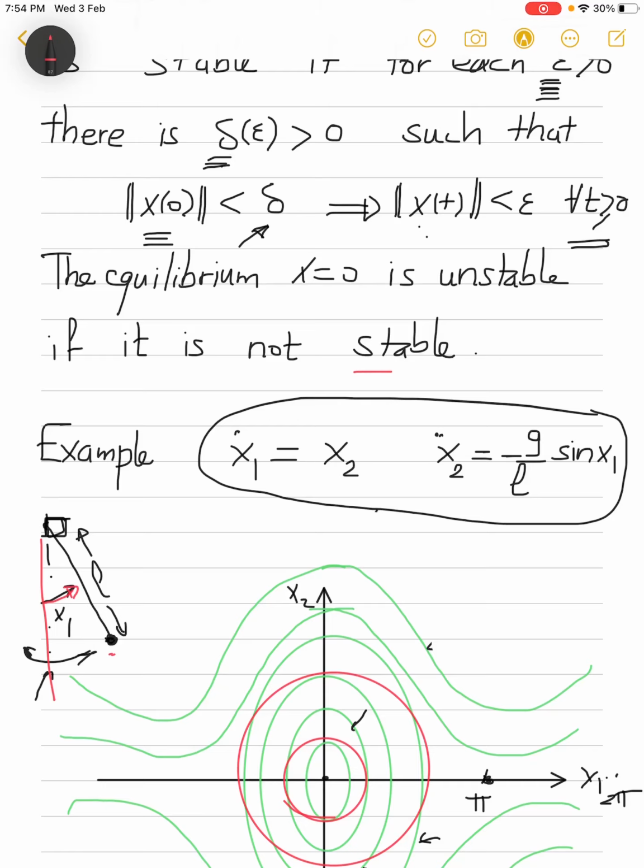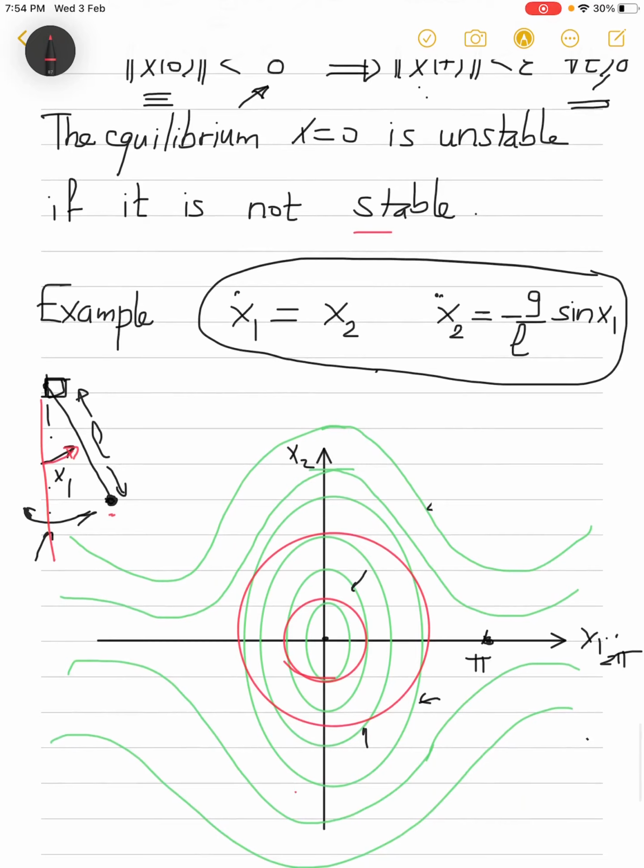That will result in a continuum of closed orbits like we have shown here. These closed orbits in green represent the oscillation around the 0 position. However, if the initial condition gets a little bit big, then the solution could move from one equilibrium point to another, and this will correspond to the upper green curves that go to the other equilibrium points.